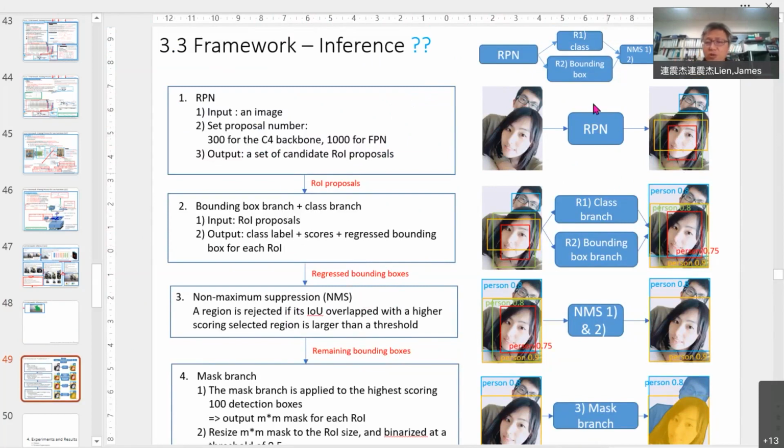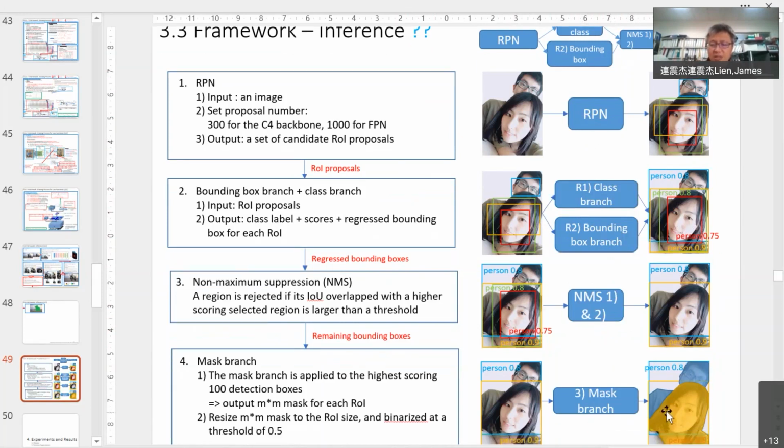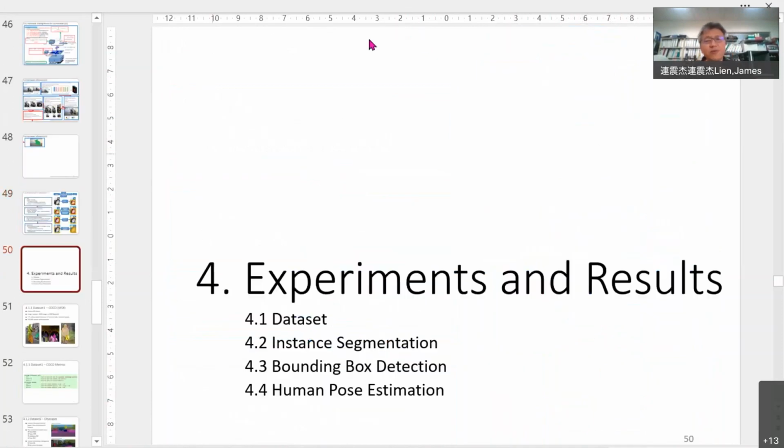But actually, in the region proposal network, you already did some non-maximal suppression of overlapping bounding boxes. Finally, after the output, you do refinement and non-maximal suppression again, and you do the mask. You get a result.